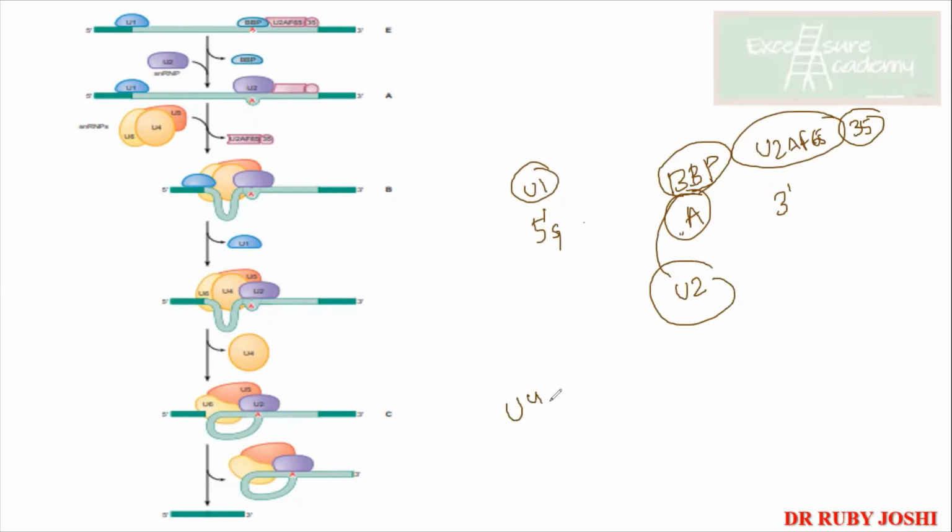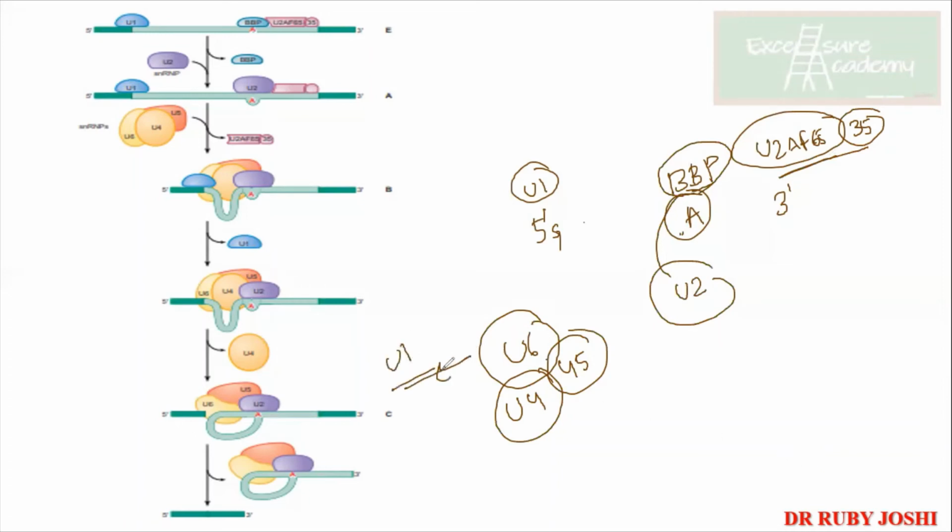That is made up of your U4, U5 and U6. Okay, they all coming together and replacing your U2AF65, पूरा हटा देंगे. Now, slowly, with the rearrangement of the complex, U6 is going to replace your U1. कैसे करेगा? The complementary base pairing between the U1 and the pre-mRNA is being displaced by the U6 and the pre-mRNA. ठीक है?